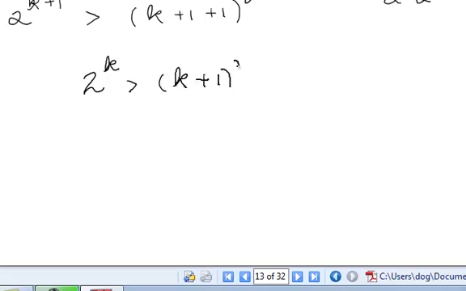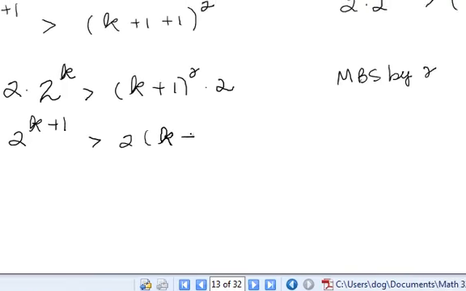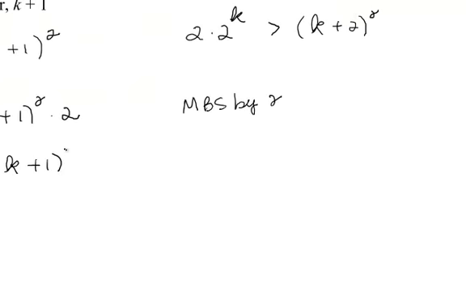k plus 1 squared. Now I'm going to multiply both sides by 2. And notice I've got 2 to the k plus 1 is greater than 2 times k plus 1 squared. Now, that isn't this yet, but let's work with it.